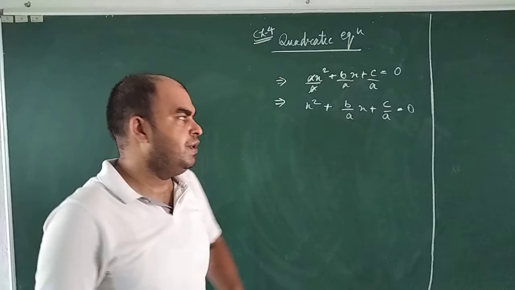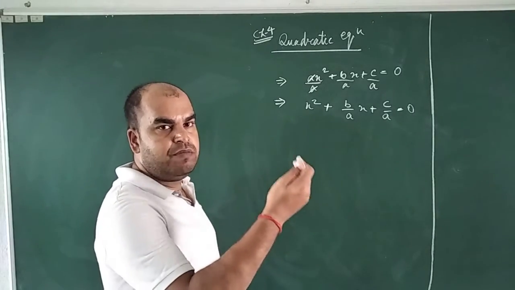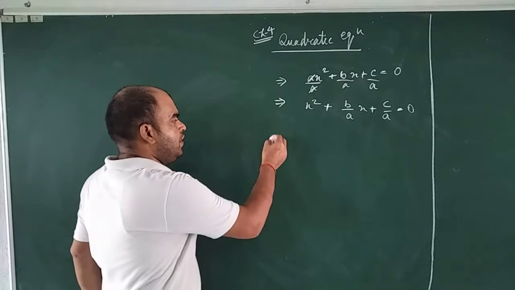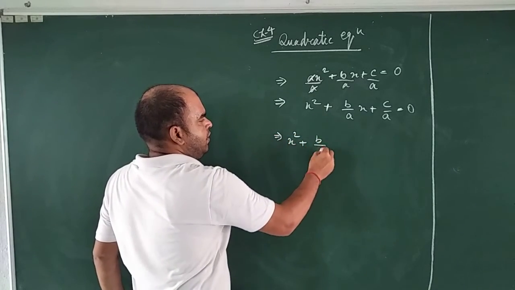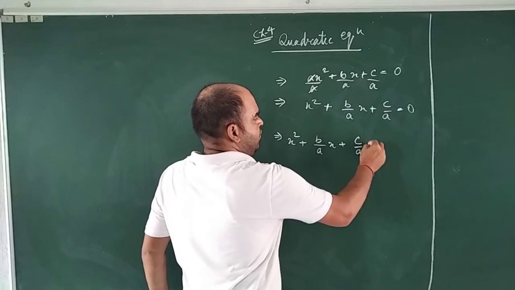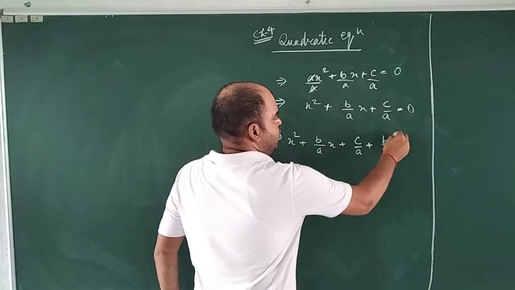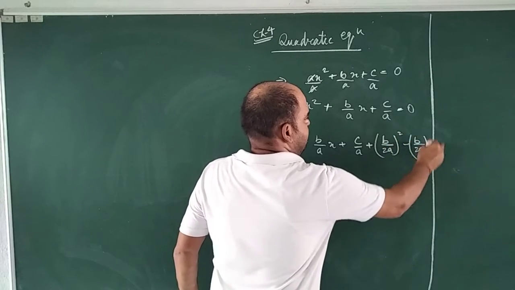B upon 2a. So we have to add and subtract the square of b upon 2a. So you can write x square plus b upon a x plus c upon a, we can write b upon 2a whole square and minus b upon 2a whole square.